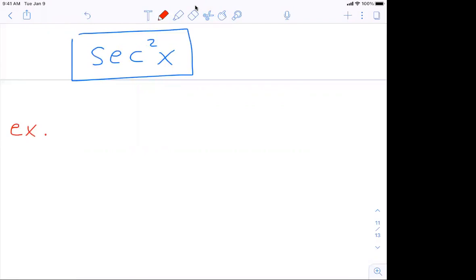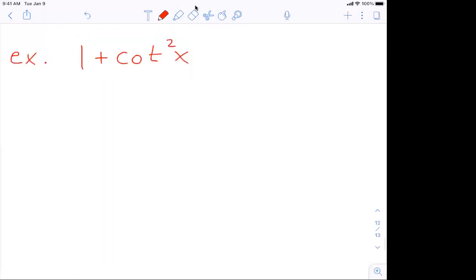Let's say we want to try and write 1 plus cotangent squared x. We want to write that as a single term. So we need to combine them. All right, first things first, write everything in terms of sines and cosines.